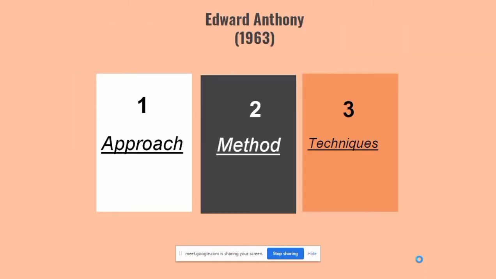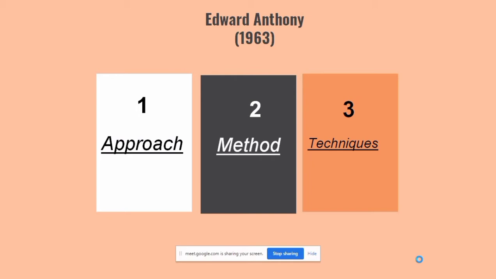Edward Anthony, 1963, divided it into three parts. The first one is approach. Approach is a set of assumptions dealing with the nature of language learning and teaching. The second one is method.